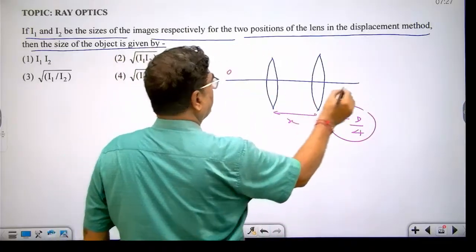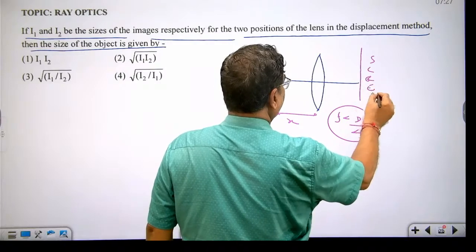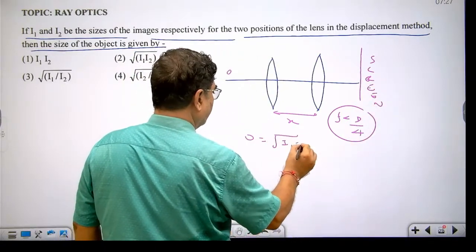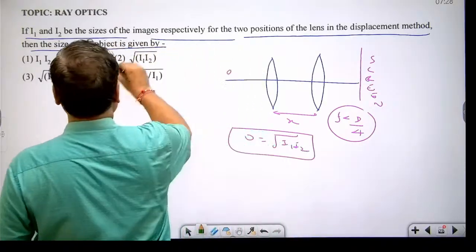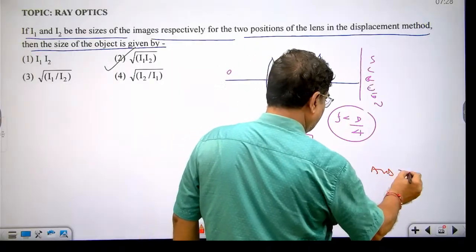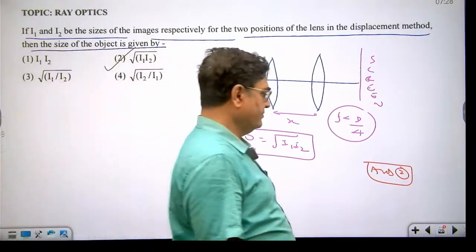What is d? d is the distance between the object and the screen. The object size is equal to under root of I1 I2. So out of 4 choices, the correct choice is option 2. Option 2 is the correct answer in this case.